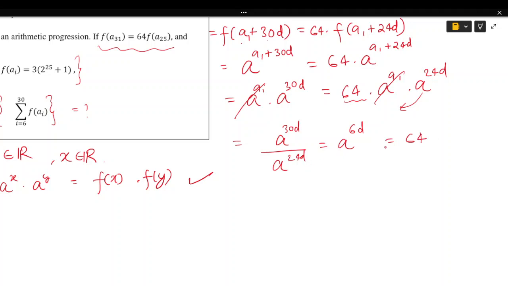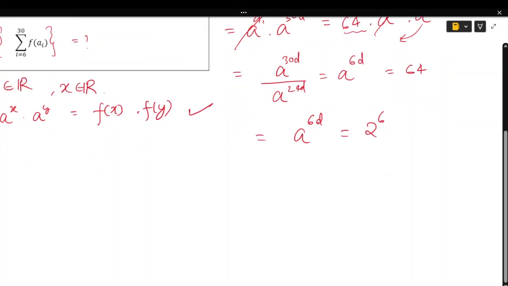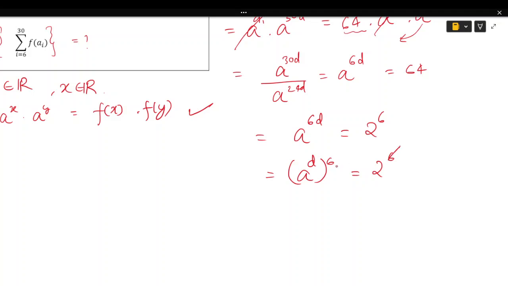So what is 64? Is it something to the power 6? Yeah, it is. It is actually 2 to the power 6. Now one can see a to the power 6d as a to the power d whole to the power 6 by the exponent rule. So we can observe this power 6 gets cancelled out, so you get a to the power d as 2.